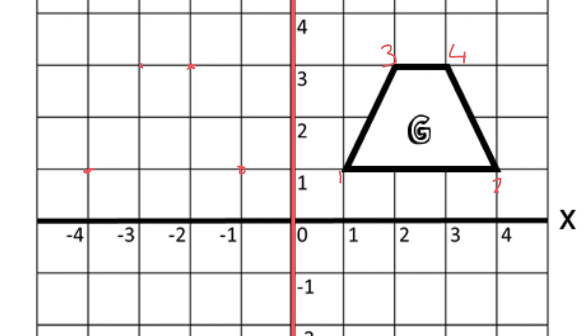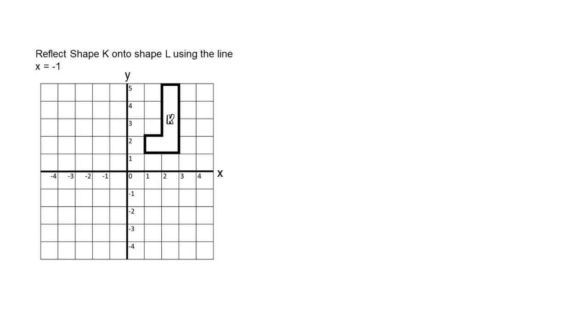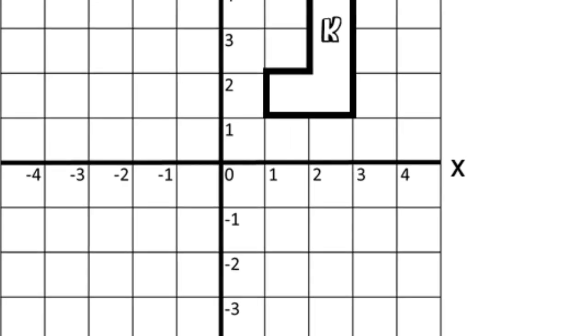Then I can join each of those together to make my trapezium and label it as shape H. Now in this question, I'm asked to reflect shape K onto shape L using the line x equals minus 1. So on my x-axis, I need to find minus 1, which is here.